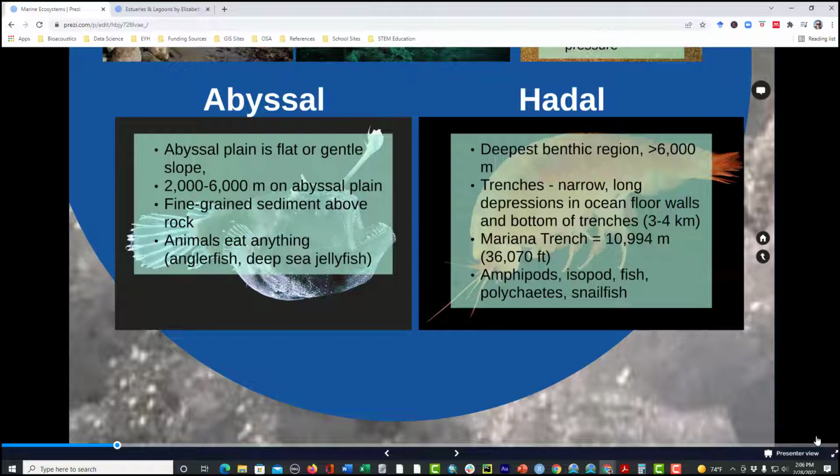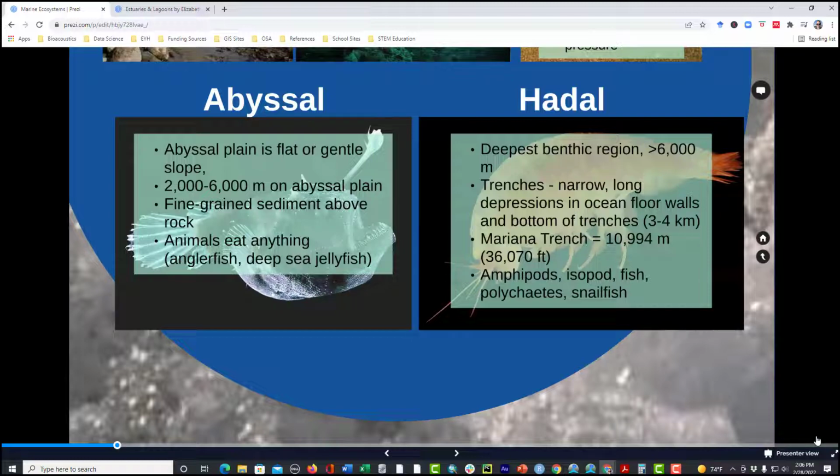So for instance, the Mariana Trench, which is just under 11,000 meters deep, is going to be a very narrow area, but something that we consider hadal. So there's not a ton of these deep trenches found within the seafloor, but they do exist intermittently across the seafloor.